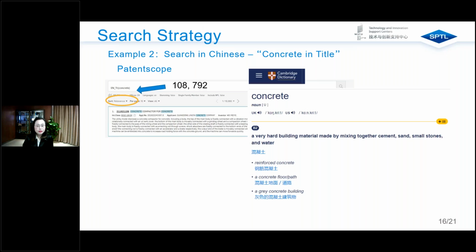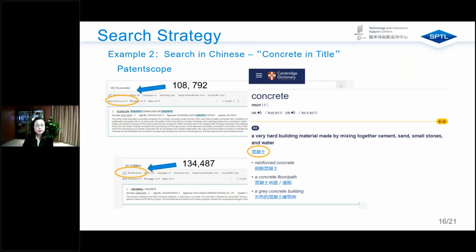As you can see in the dictionary, there are 3 Chinese characters for concrete. Then we put the 3 Chinese characters in the title, and the hit number is 134,478 records.